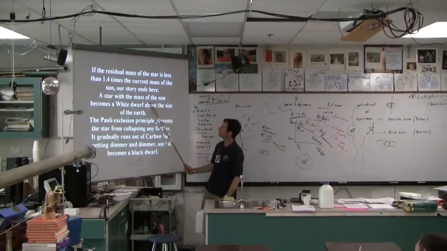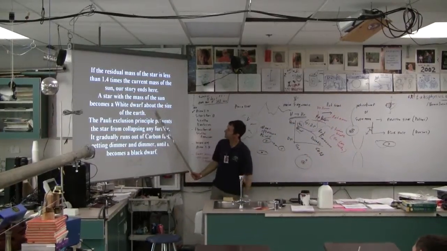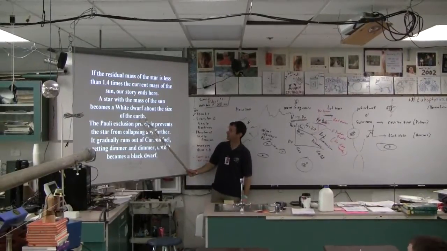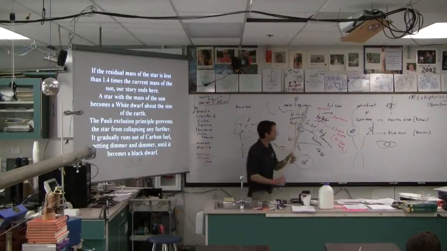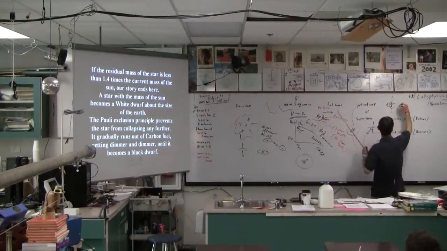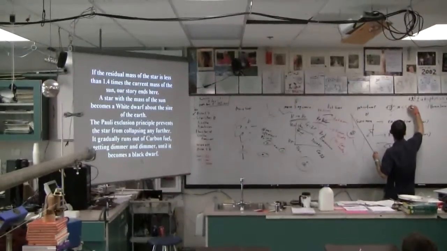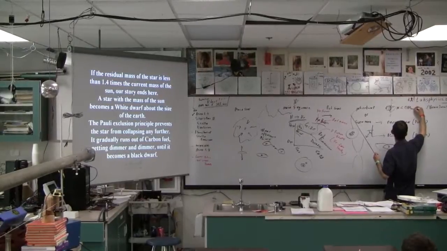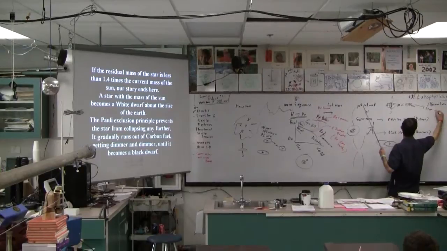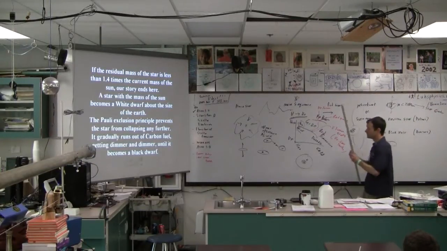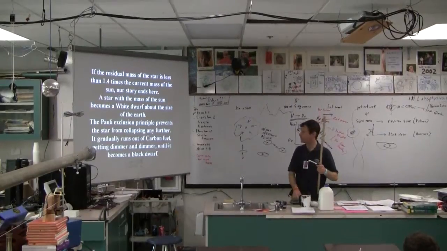So it'll become a white dwarf about the size of a planet, about the size of Earth. So if the mass is less than 1.4 times the mass of the sun, then it just becomes a star cinder. It just cools down and there it is. They call these black dwarves.